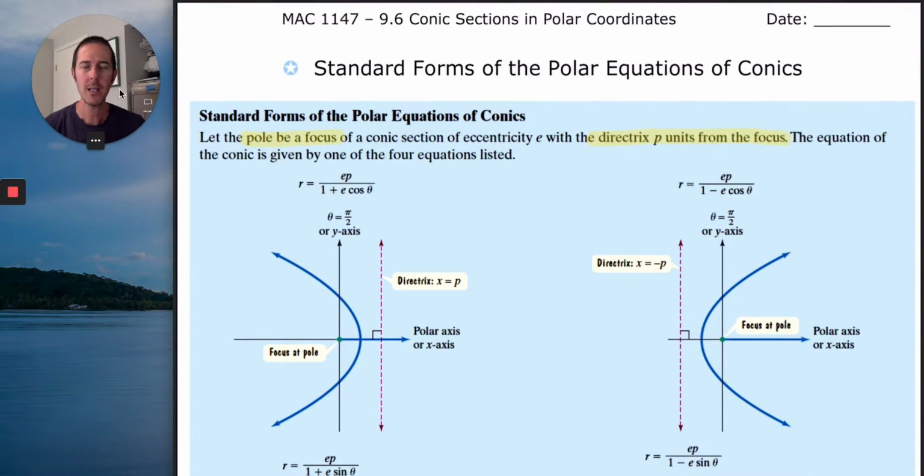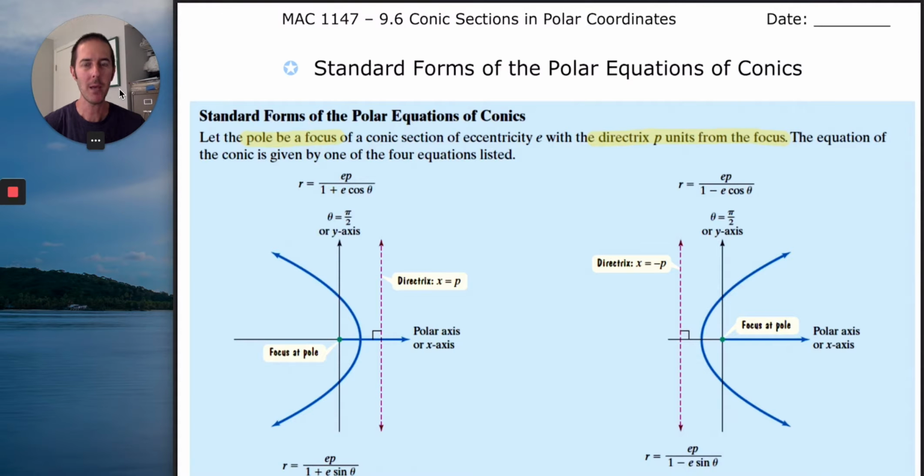Here I've done some highlighting on these notes already. For all of these curves that we're going to look at on the polar plane, the pole is going to be a focus. A parabola only has one focus, but an ellipse and a hyperbola each have 2 foci, but one of the foci will for sure be at the pole.